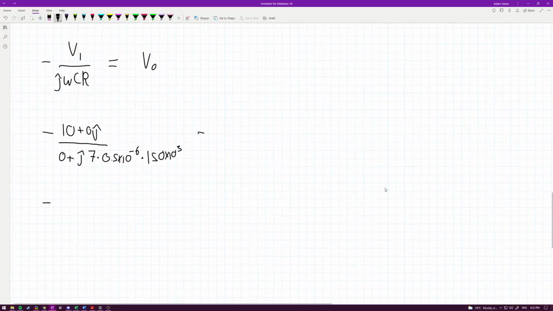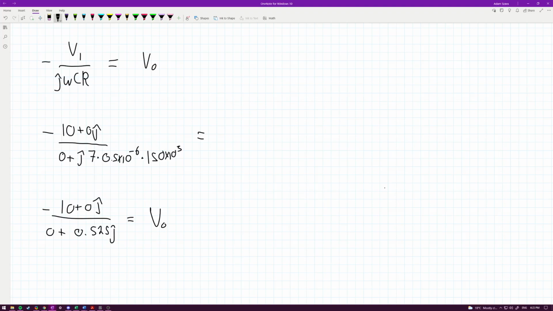So that's equal to negative 10 plus 0j over 0 plus j times 7 times 0.5 times 10 to the negative 6 times 150 times 10 to the 3. So 0.525j equals VO.